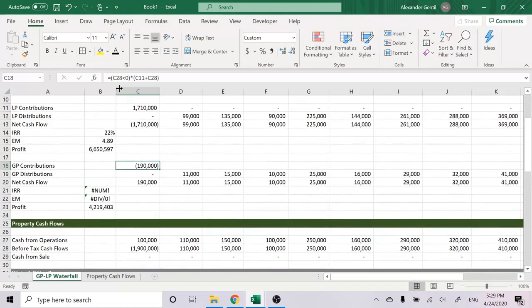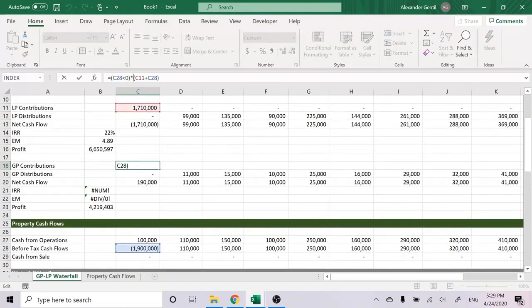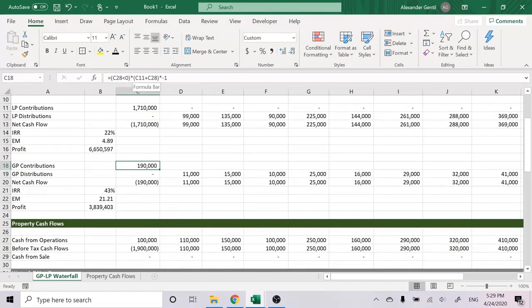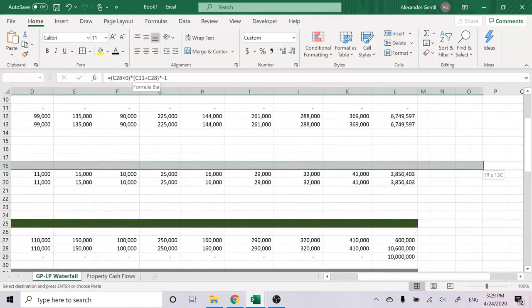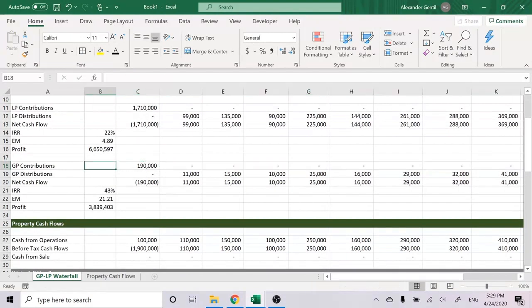And then, of course, just make that negative. So that will be our contributions.